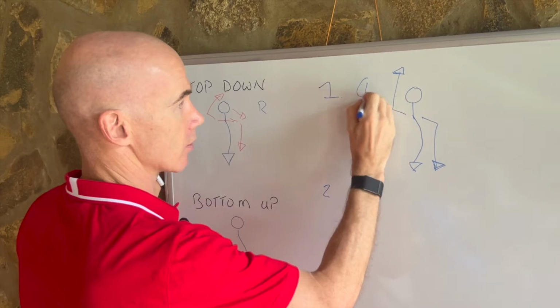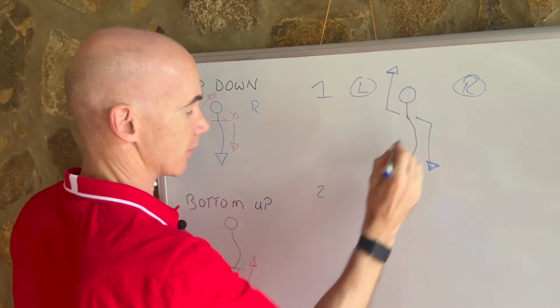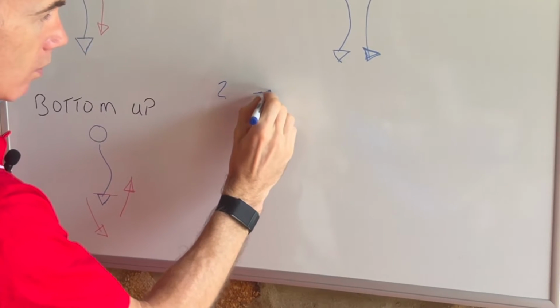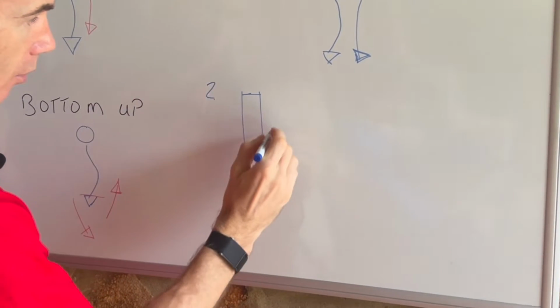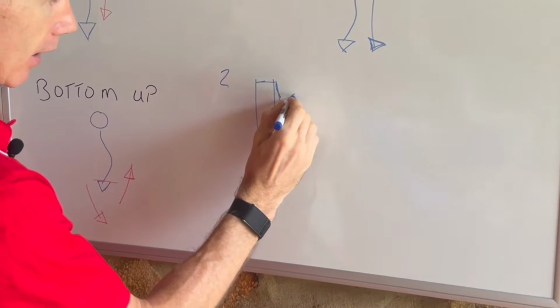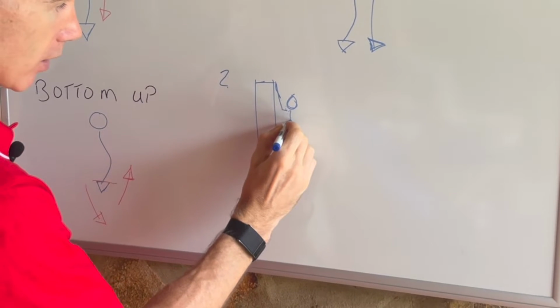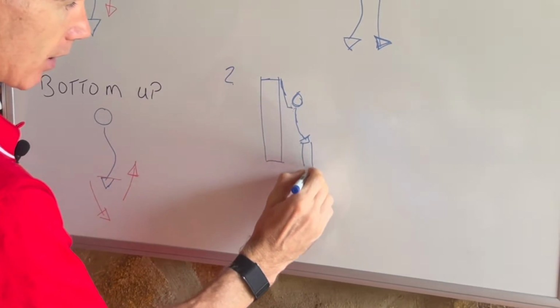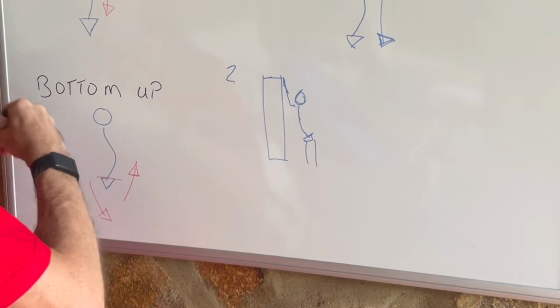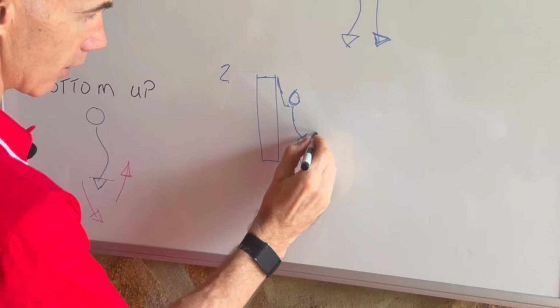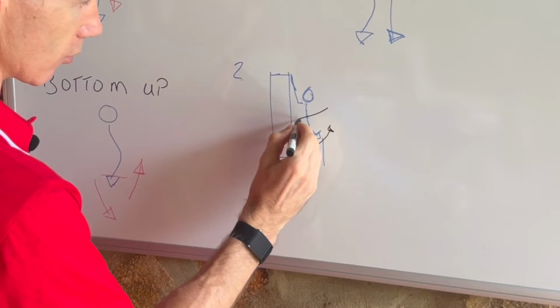This is, just so we're clear, this is someone from behind. Exercise number 2, we can take a wall here. We can put someone's left arm up the wall, their head here, and we can lean them towards the wall so their pelvis is moving kind of this way, and their spine is moving this way.